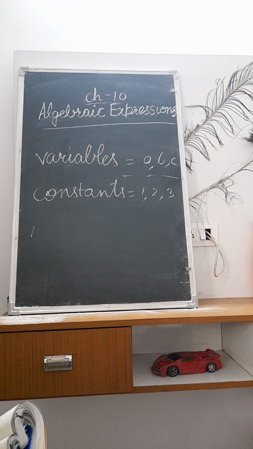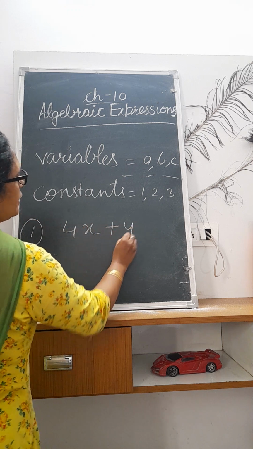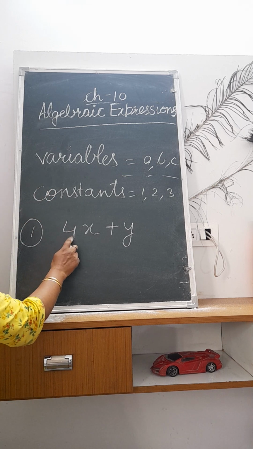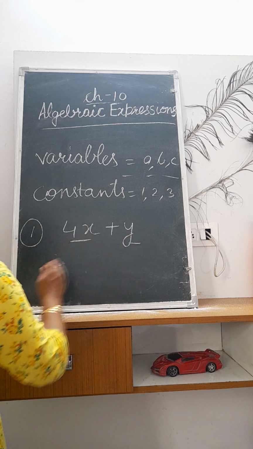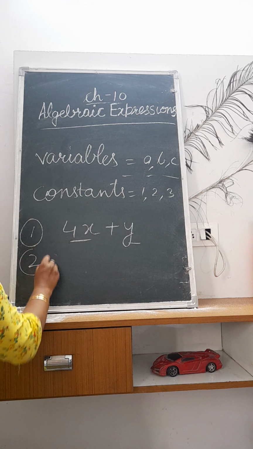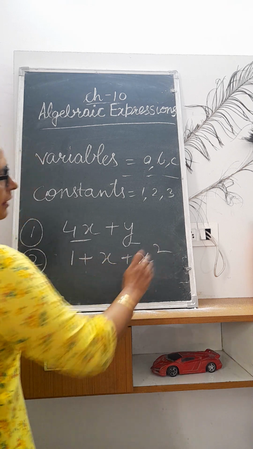I will give you some examples. 4x plus y. These are variables which form the algebraic expression. This first term and second term form an algebraic expression. Suppose I take 1 plus x square.